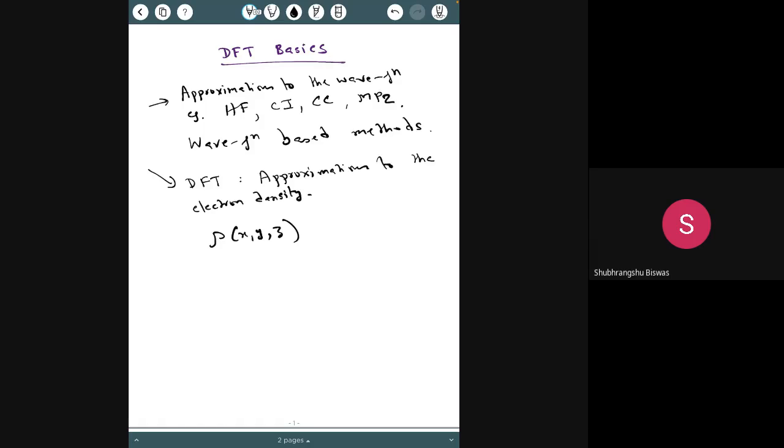So the advantage of the charge density is that it is more amenable to classical models. A charge density is something that you can imagine and model based on classical principles.